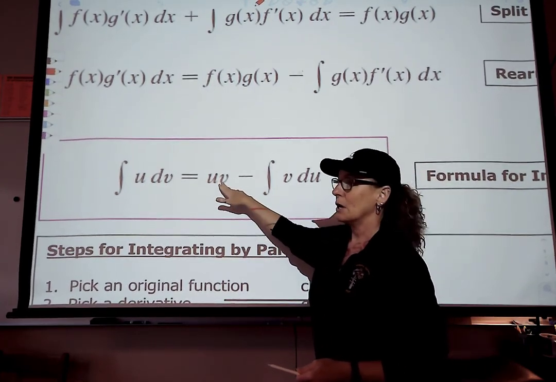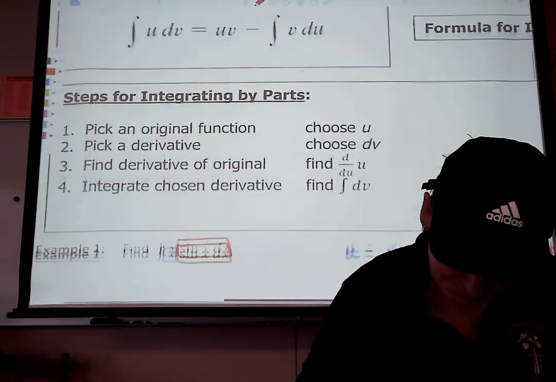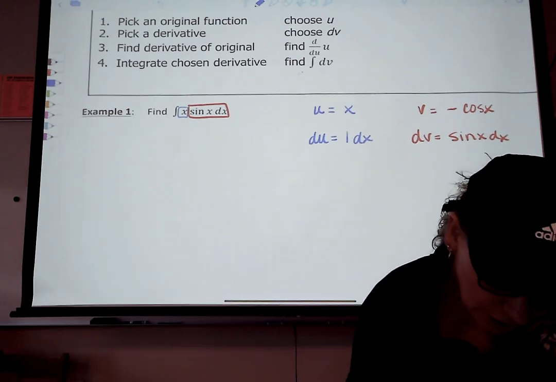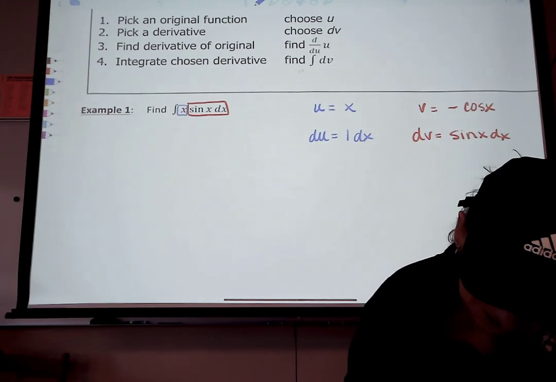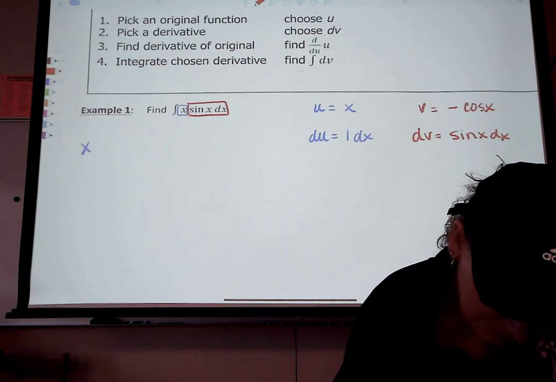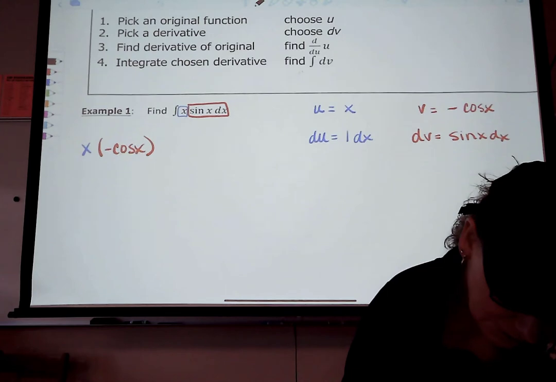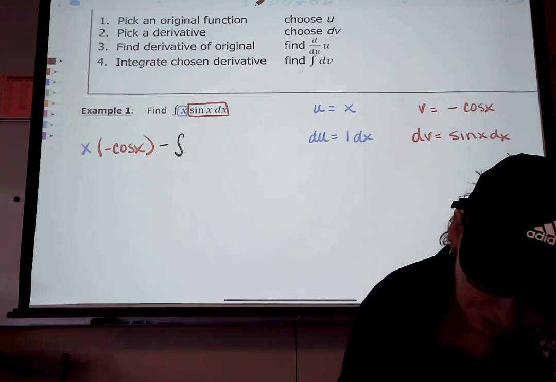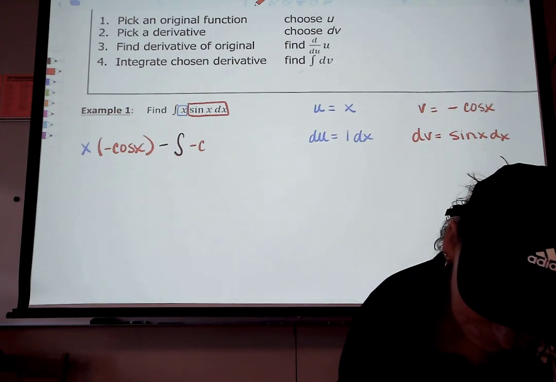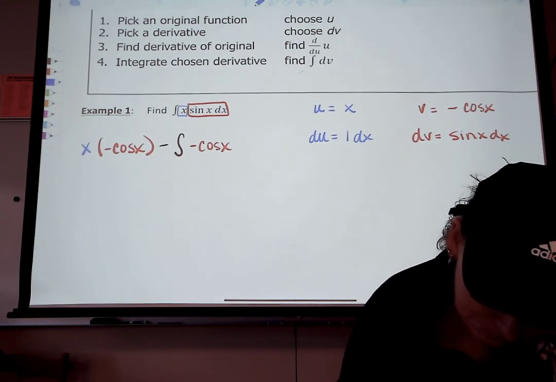U times v minus the integral of v du. Ready? I don't know if I can color code this or not. U times v minus the integral of v du.